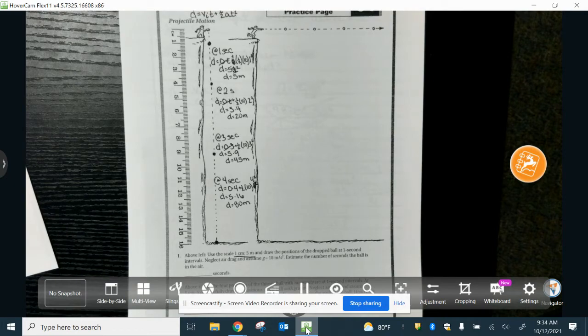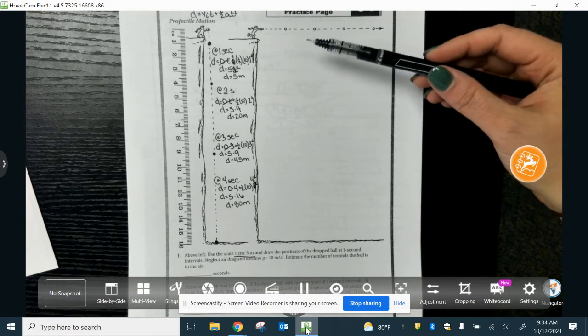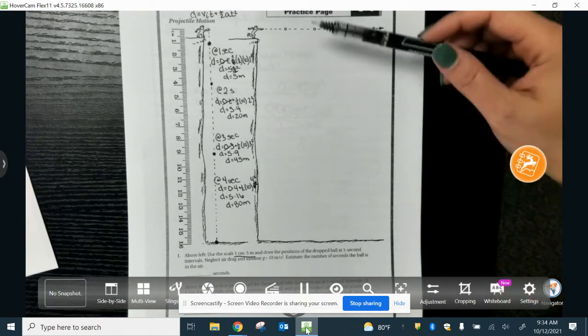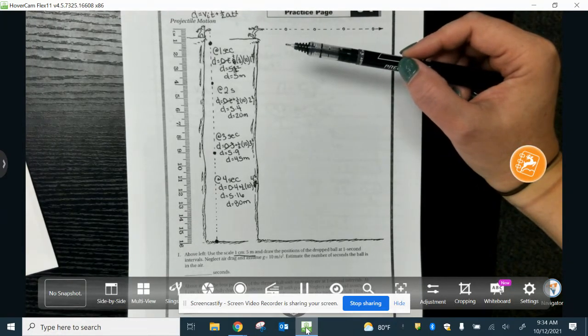So the only thing acting on this dropped ball in the y direction is gravity. The only thing acting on this ball when it's thrown in the y direction, so up and down, the only force, the only thing acting on it is gravity.